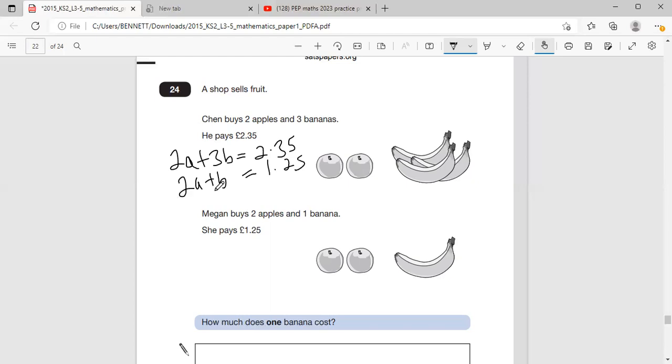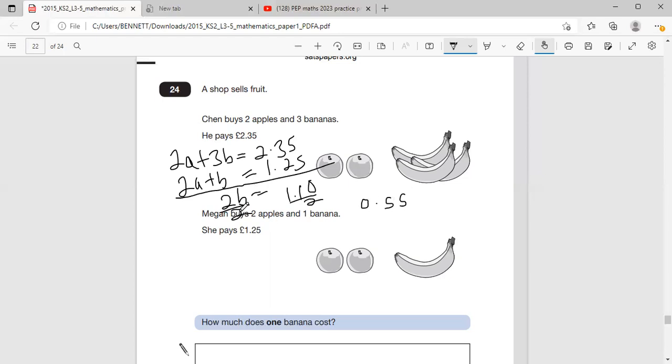Alright, if we subtract, we get rid of the apples. So 3b minus b would give us 2b. 5 from 5 leaves 0, 2 from 3 leaves 1. So that leaves 110. Let's divide by 2 and we get the cost of 1 banana. So this works out to 55 cents. So 1 banana costs 55 cents.